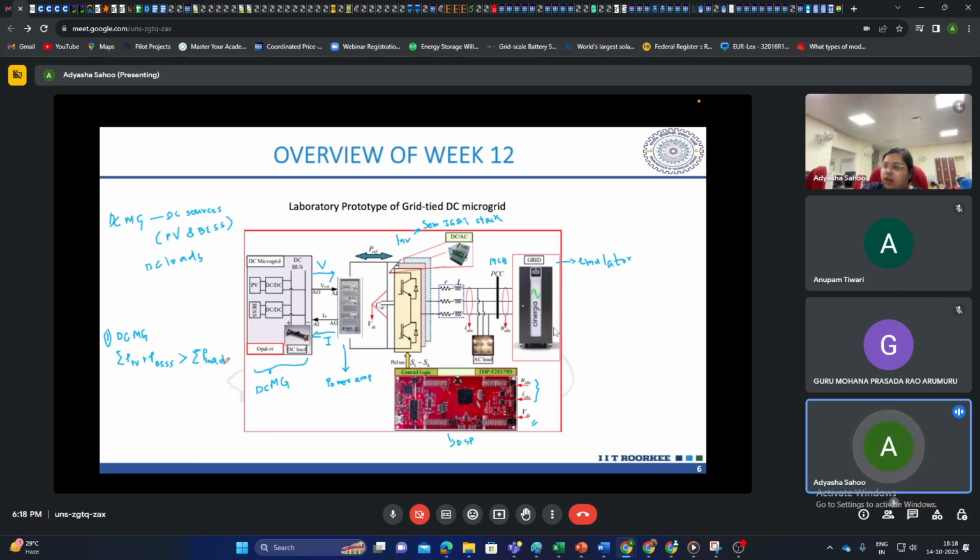So since we are having excess power here, in this case we saw that the power was flowing from the DC side to the AC side. This was noted by a positive sign in the power amplifier.